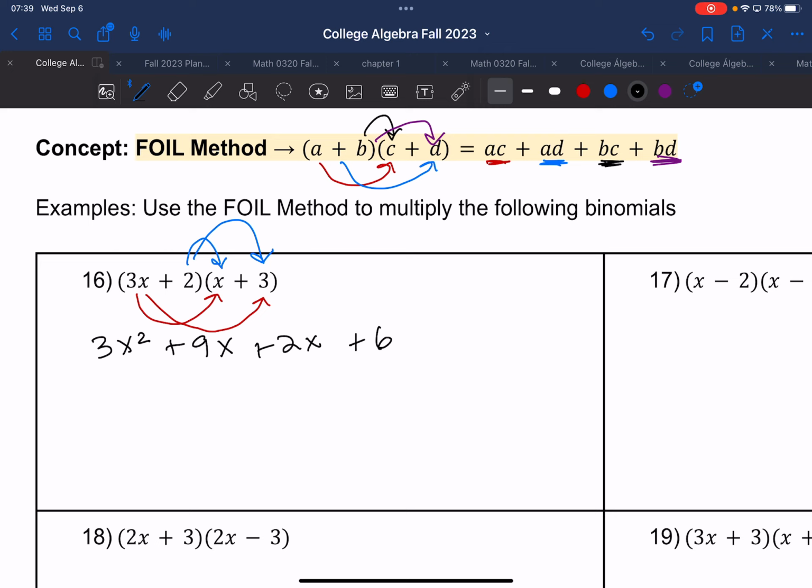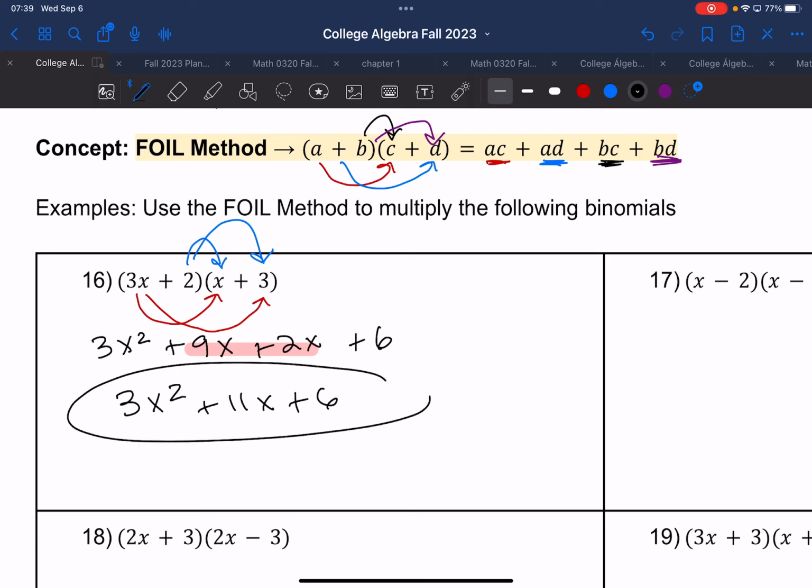Okay. Once I have everything foiled, what do you think my next step is? Combine like terms. What are my like terms? 9x and 2x. So I have 3x squared plus 11x plus 6. Do I have any more like terms to combine? Nope, so this is my answer.